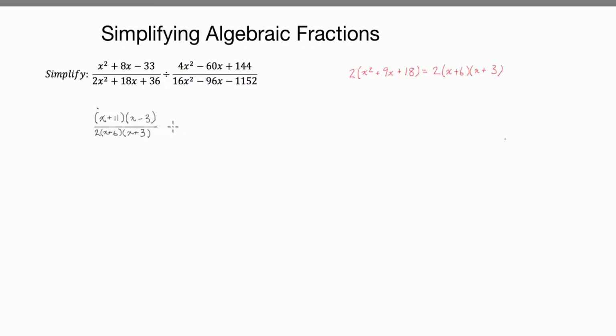Cool. Now, we can't actually divide one fraction by another, but what we can do is multiply by its reciprocal. So what that means is we're going to use a rule like this, where a divided by b is equal to a times 1 over b.